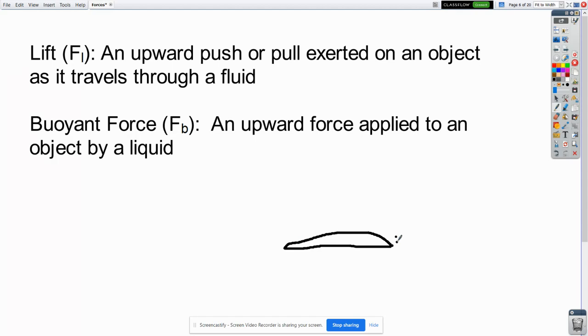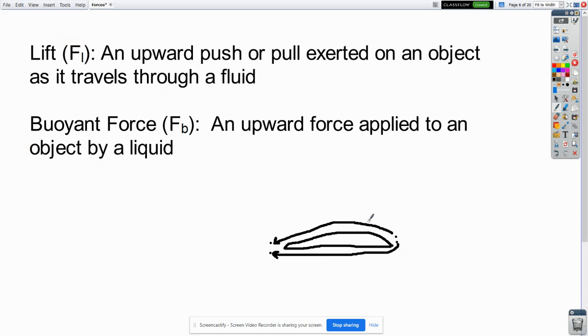When you have air particles in front of that wing, those air particles will either split and go over the top of the wing to get to the back, or they'll go under the bottom of the wing to get to the back. They will make that journey in the same amount of time. So this particle going across the top will get to the back of the wing at the same time as the one going across the bottom.